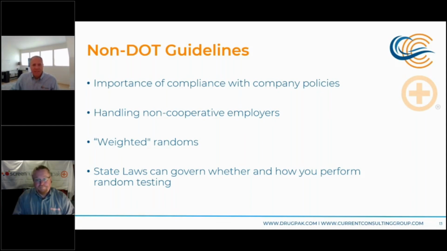And then lastly, there are state laws. They can govern whether and how you perform random testing. So do check your state and local laws. There are even some cities that have different requirements for random testing. One state to point out is California.